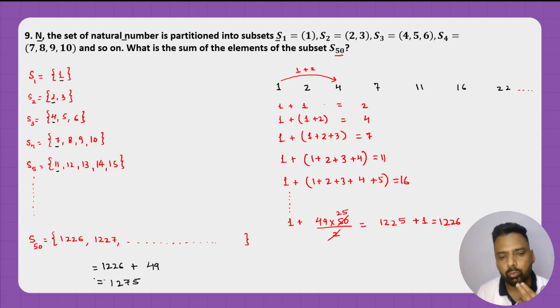So 1275 will be that term, right? राइट, तो लास्ट टर्म अपने को पता चल गई.